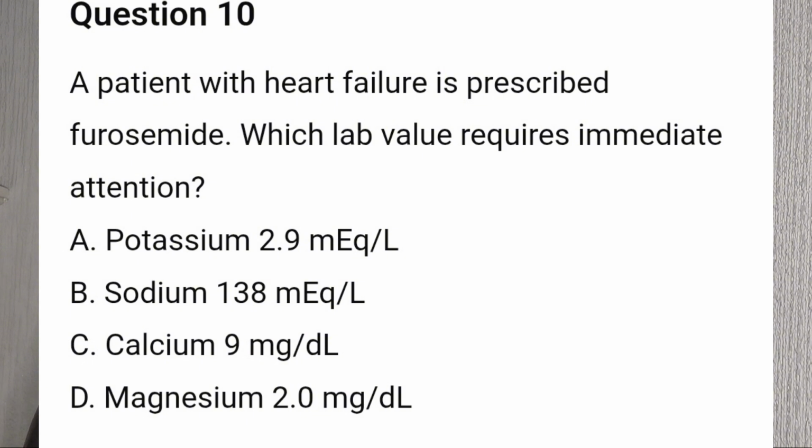Number 10. A patient with heart failure is prescribed furosemide. Which lab value requires immediate attention? Now, we have said that when you are administering furosemide, that diuretic has the potential to reduce potassium. So we are observing for low potassium.